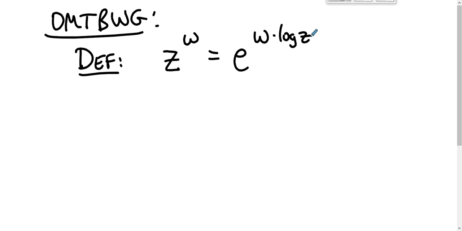When we raise one number to another, we can do it like this. The trick here in algebra 2 is that this is this, and then we use power to a power. So this is our definition on how to raise one number to another number's power.